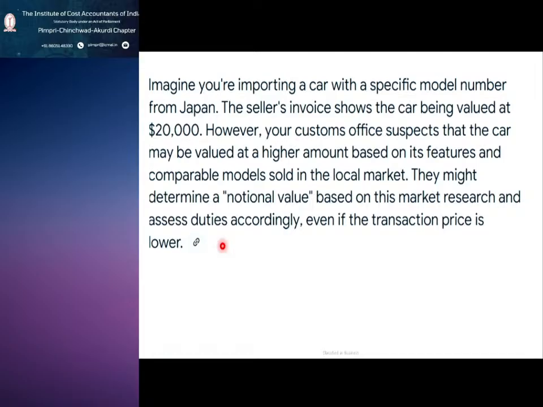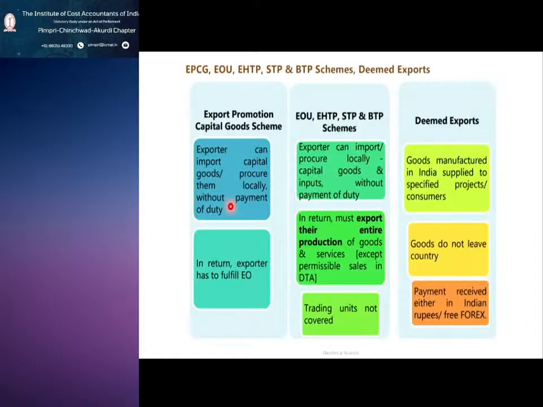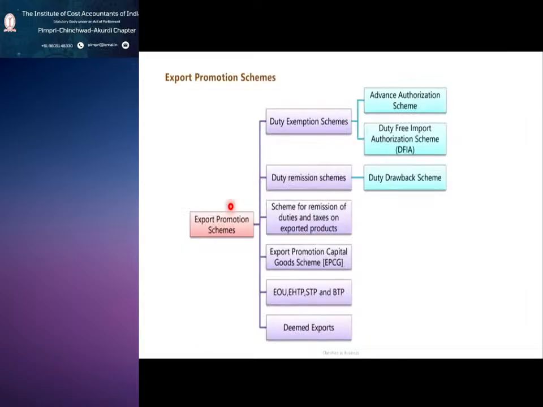So seeing the brand and the quality of the product, they immediately tell that the price should be more than this, the price should not be this low. So then they derive the notional value. So this one is related to the advance authorization scheme.